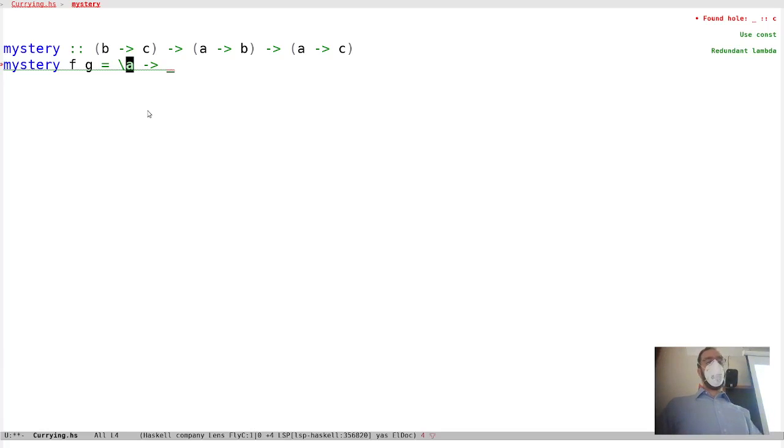Right, and then it says, look, I found a hole that has type C. Of course. We have to make a function from A to C, so I take an A, and I have to return something of type C. That makes sense. So how can I get something of type C to put here?